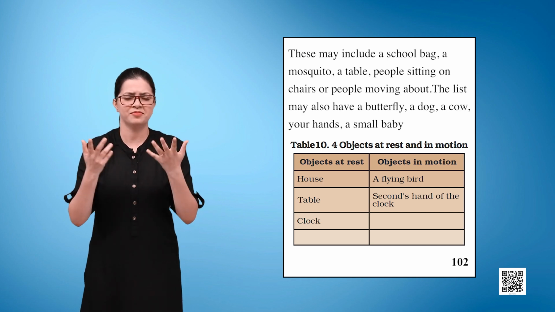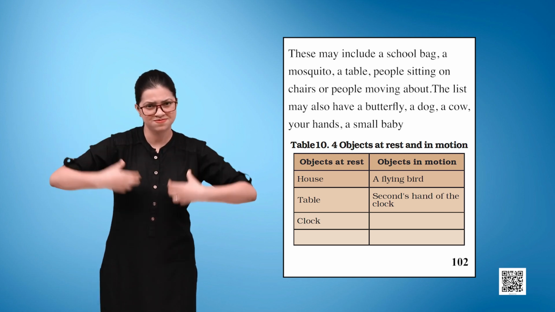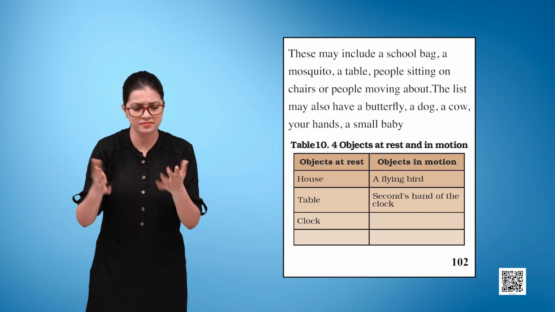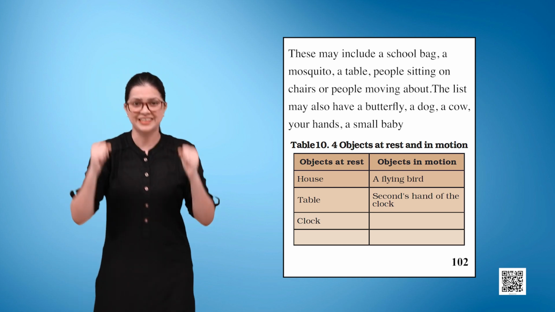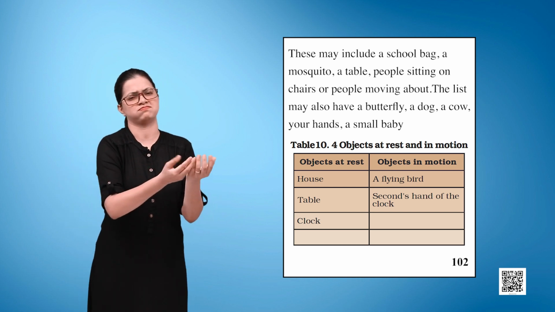These may include a school bag, a mosquito, a table, people sitting on chairs, or people moving about.